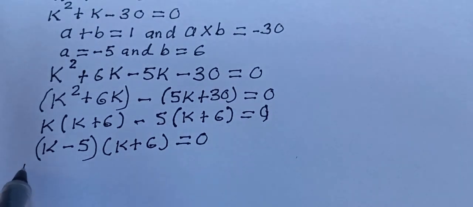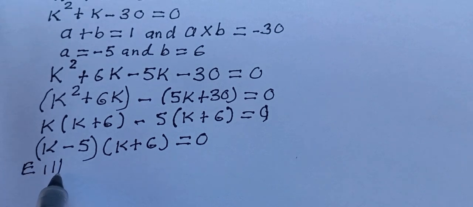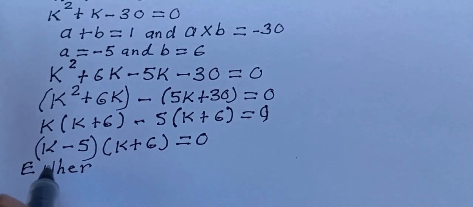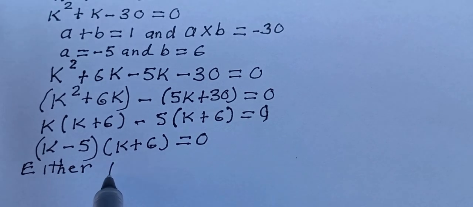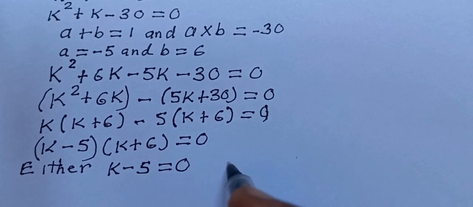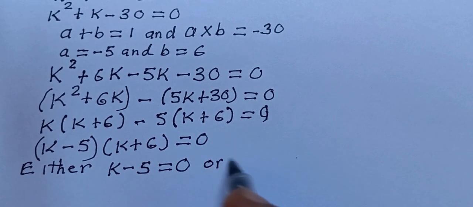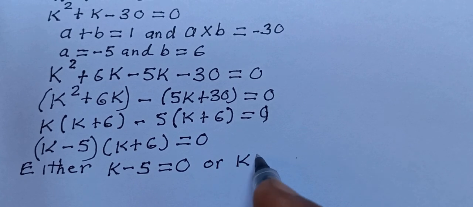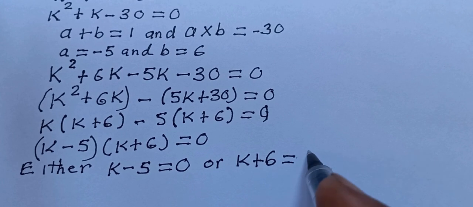So either k minus 5 equals 0, or k plus 6 equals 0.